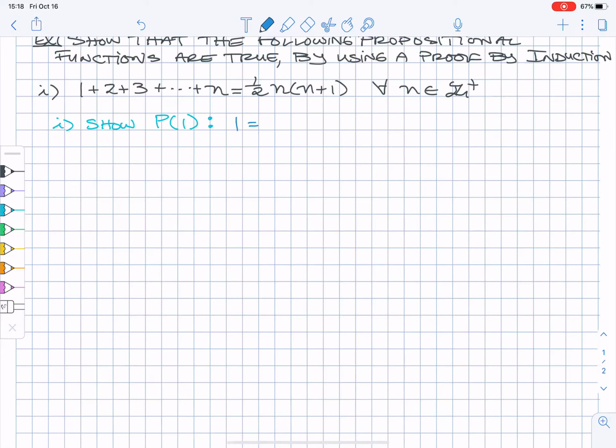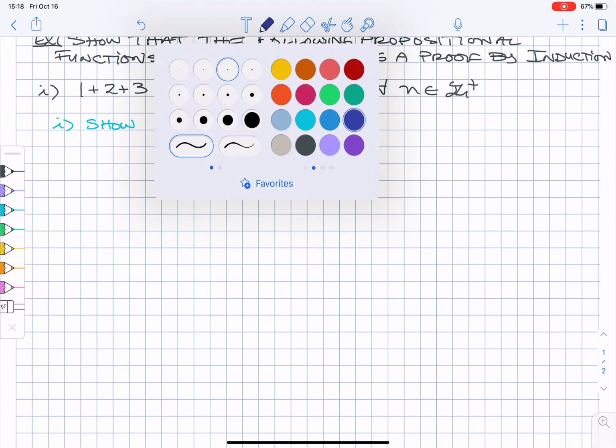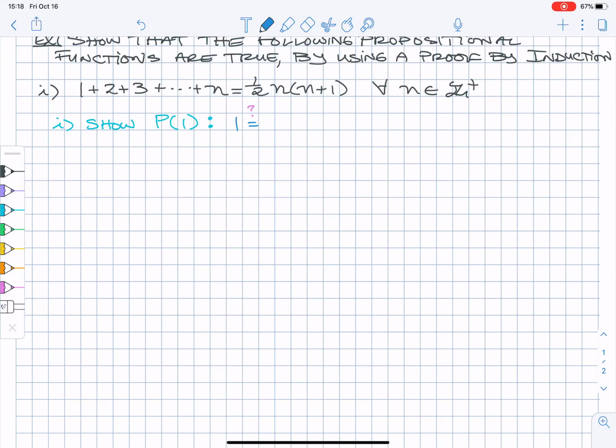Is that equal to 1/2 of 1 times the quantity 1 plus 1? Well, that's 1/2 times 2, which is 1. Yes, it is. Check mark. So let me do the check mark in pink.